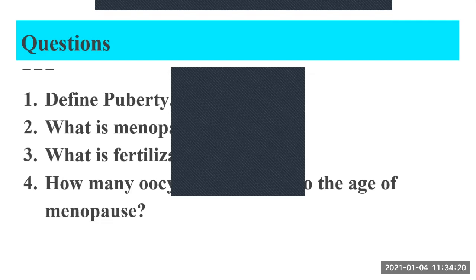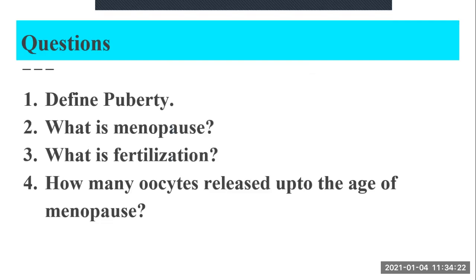Okay, good attempt. Now the next and last question for the day: how many oocytes are released up to the age of menopause? We have 2 to 4 million, but how many? Very few. 400 around. Yes, around 400 are released throughout the reproductive phase of that female.